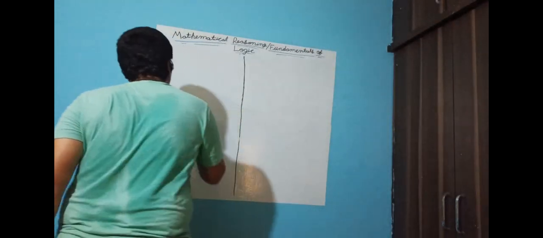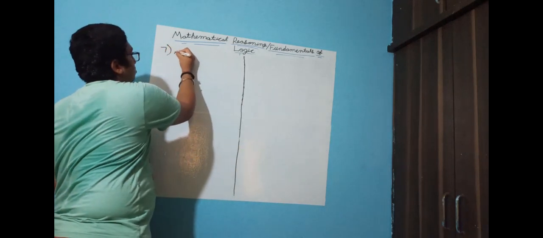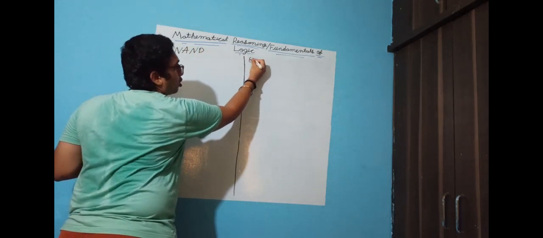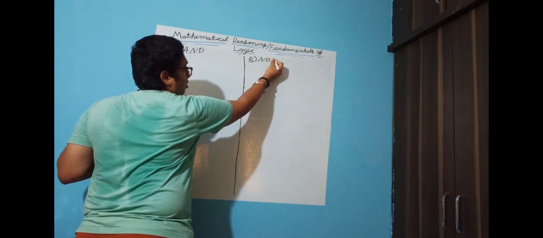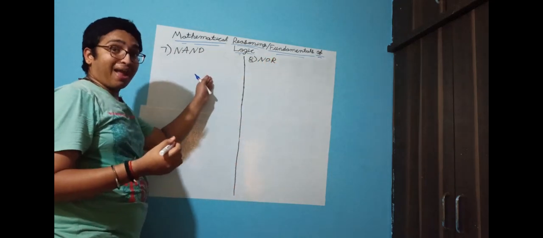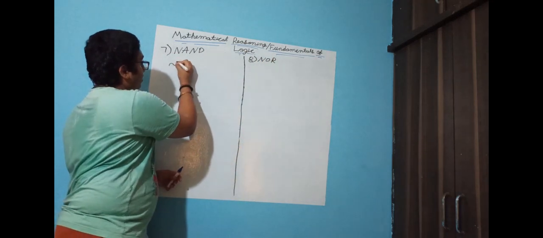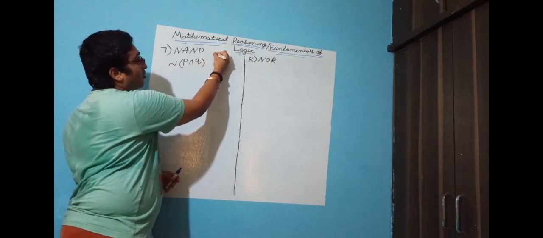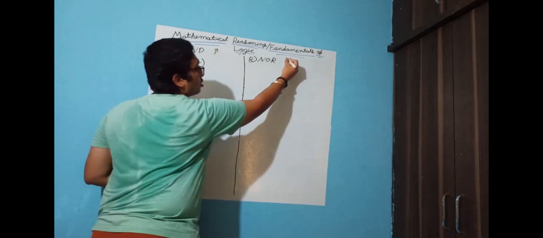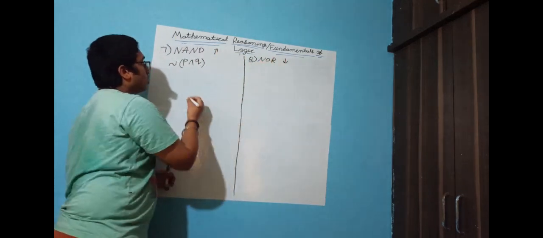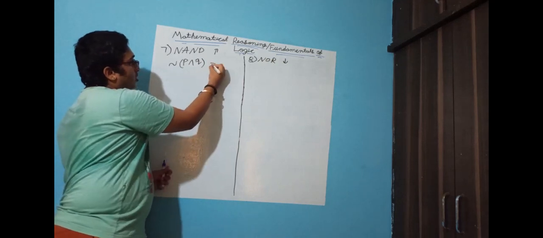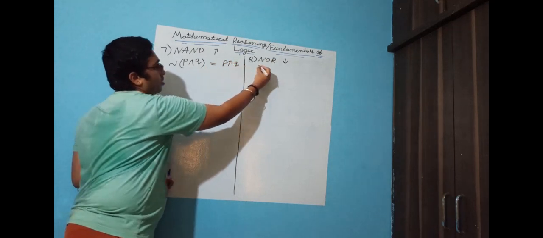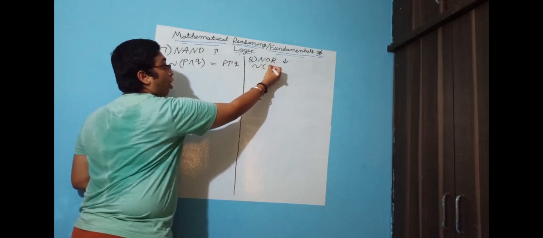Now coming to the seventh one, NAND, and the eighth one, NOR. NAND is nothing but negation of AND. We represent NAND using this up arrow, and NOR using this down arrow. NOR is the negation of OR.